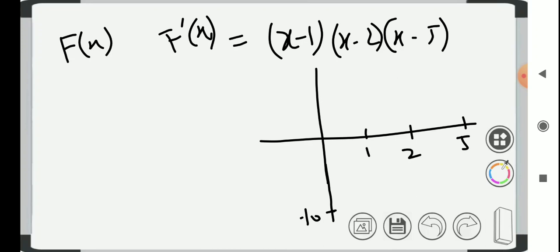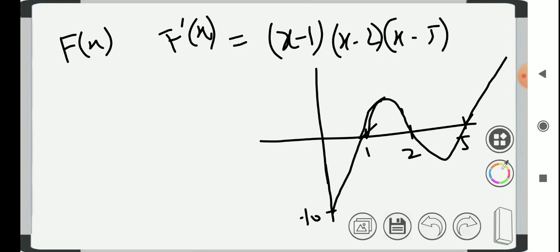From minus 10 to 1 it will go like this, and it will increase up to a certain value, then decrease to 0 because at 2 we have another root, then decrease to a certain extent, then increase further.